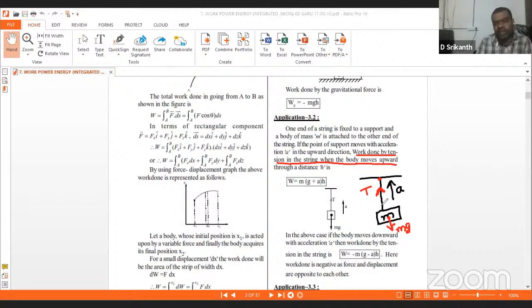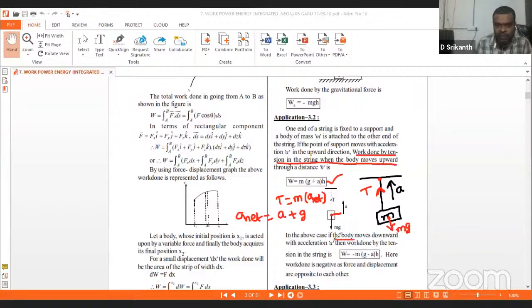Whenever the body is moving upward, tension equals mass into net acceleration, which is a plus g. The displacement is h. So the work done by the tension is m into g plus a into h. The work done due to the gravitational force is negative.